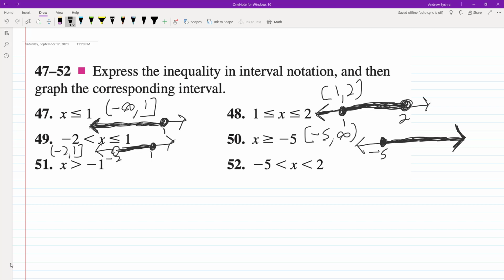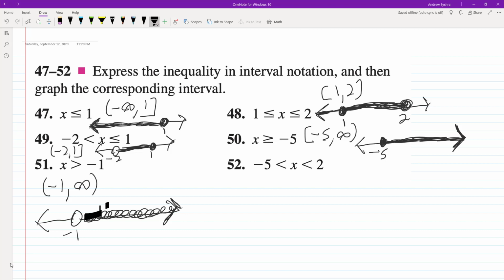Greater than 1. And then fill this in, make it thick. I need to figure out some kind of quick way, maybe we can do this. Does that work? That does work.